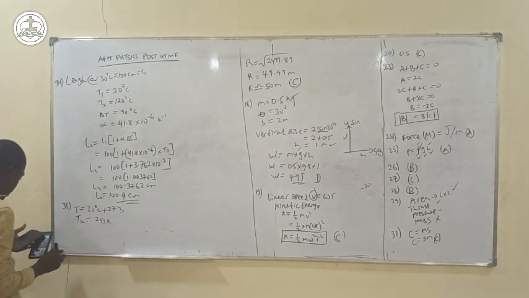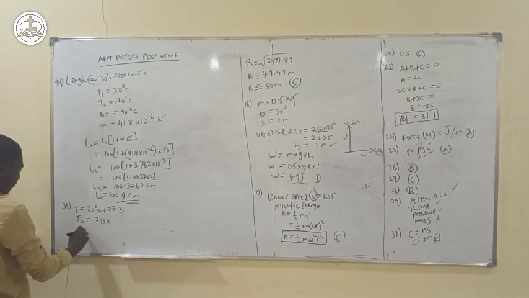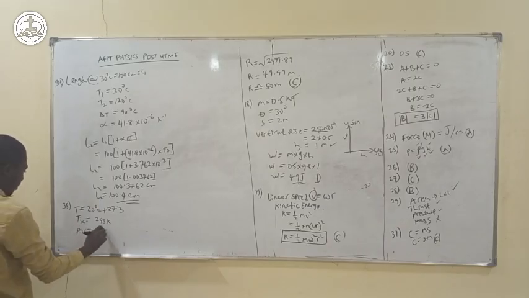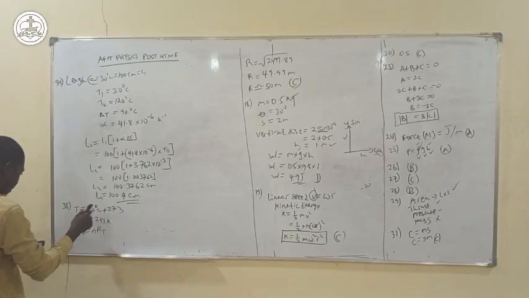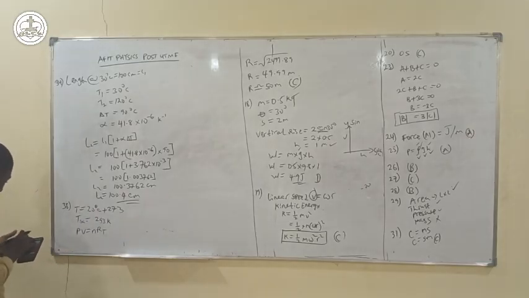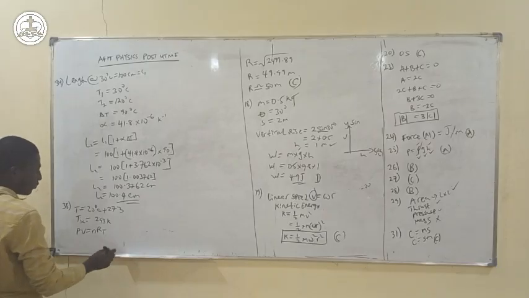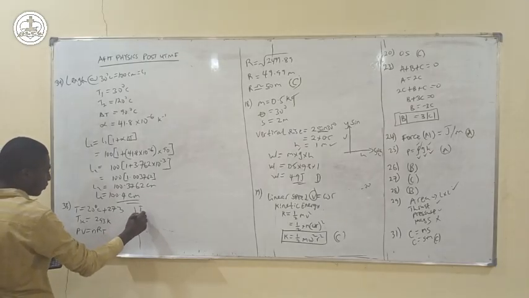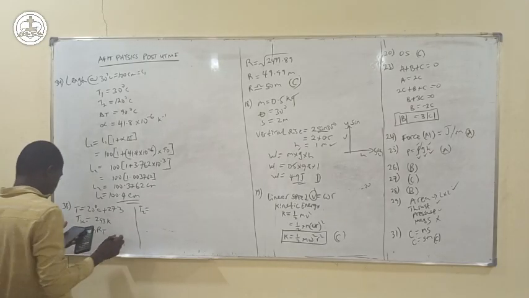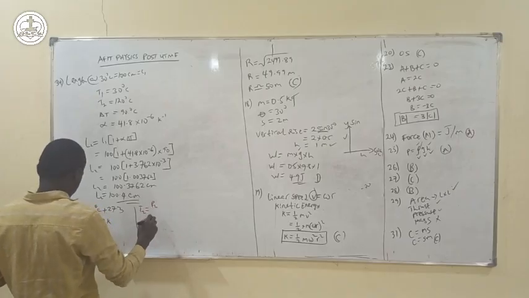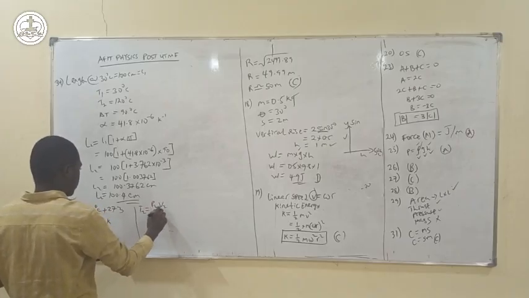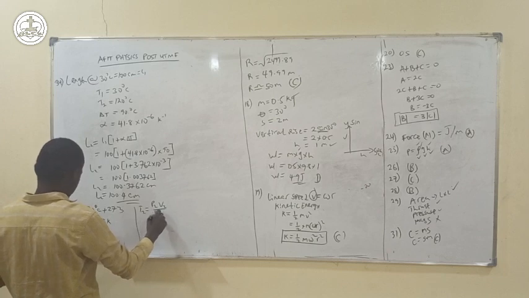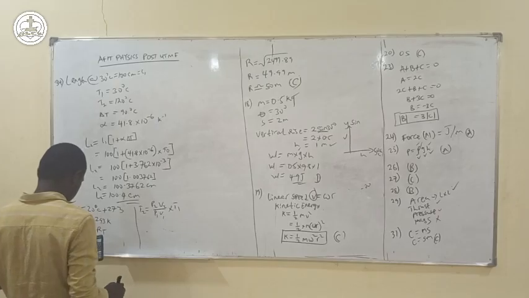We all know that PV is equal to nRT, ideal gas. So to find T2, it will be equal to P2 V2 over P1 V1 times T1.